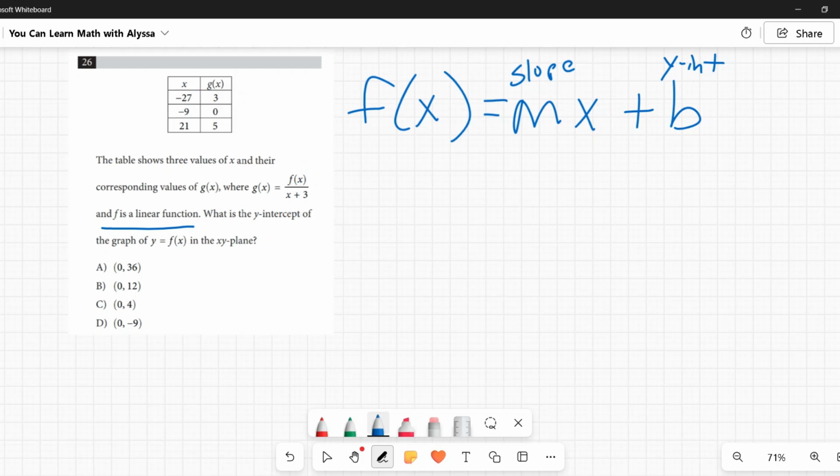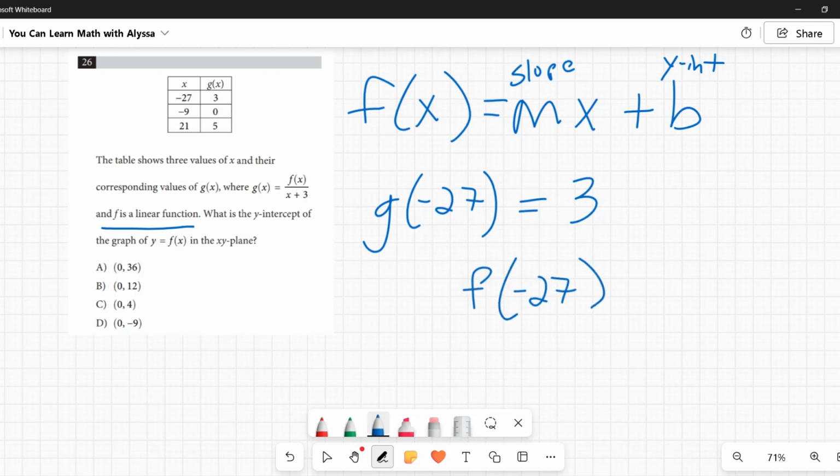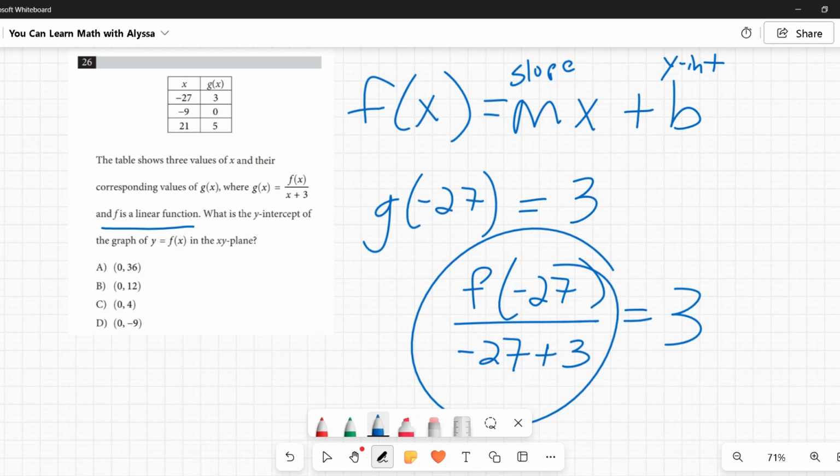So, g of negative 27, I'm going to get 3. Well, what happened? It was f of negative 27 over negative 27 plus 3. And if I do that math, I will get 3. In other words, if I put negative 27 into this over here, I'm going to get 3.